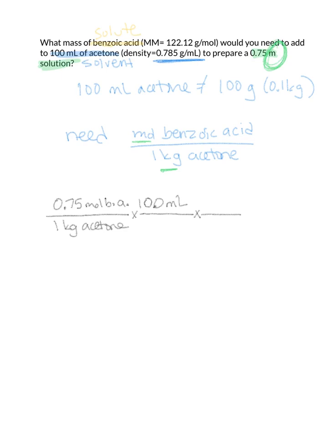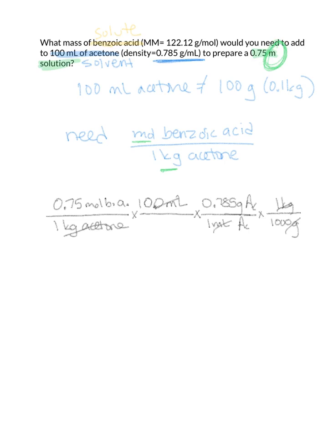Because my density, 0.785 grams in a milliliter, this is acetone. I'm going to use capital AC for acetone, which is going to help me get to the place I need to get, because now I have 0.785, so there's my 1,000 grams in a kilogram, right? So my kilograms are canceled, my milliliters are almost canceled, there they are.